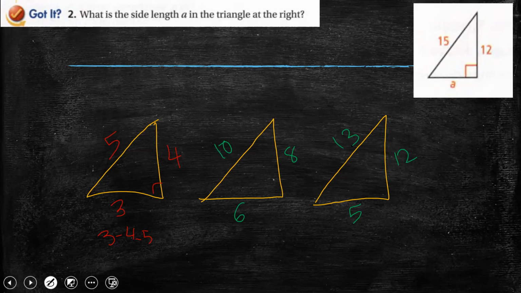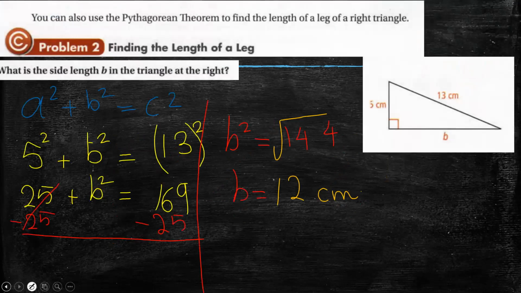Just to know, if they are 5 and 12, the hypotenuse will be 13.